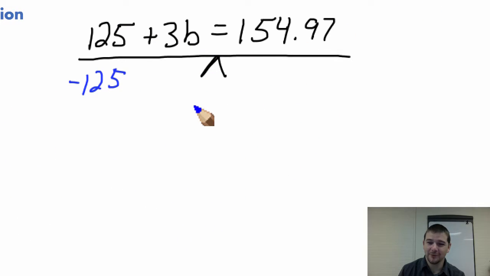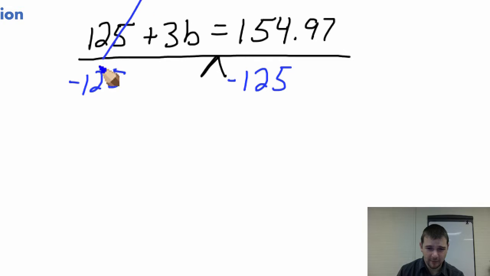So if we subtract 125 from one side, we must also subtract 125 from the other side. That maintains the equality of both sides of this equation, or the balance if you're thinking of it in terms of mass. So 125 minus 125, of course, those cancel. That's why we did it in the first place.